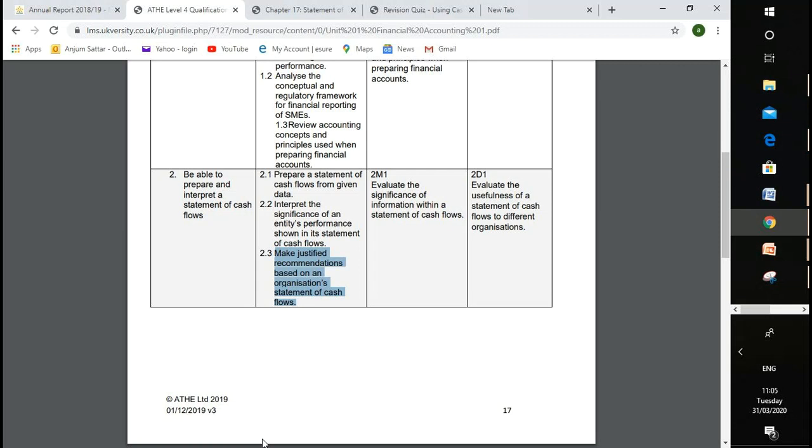We'll evaluate the significant information: what sort of information it is, and how valuable it is in helping to make decisions. We can look at various company statements like Next, Marks and Spencer, Morrisons, Asda, or any company of your choice. You can find the financial statements and evaluate the usefulness of the cash flow.